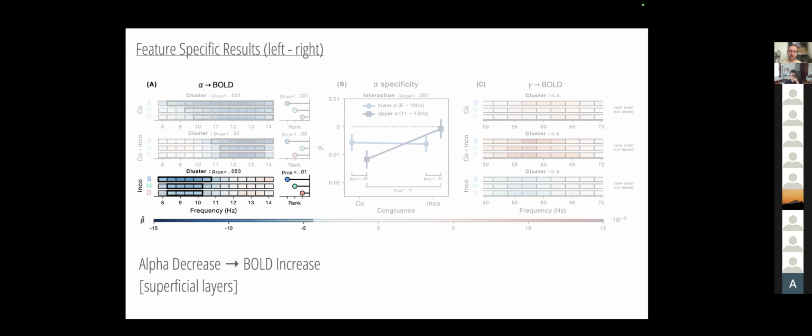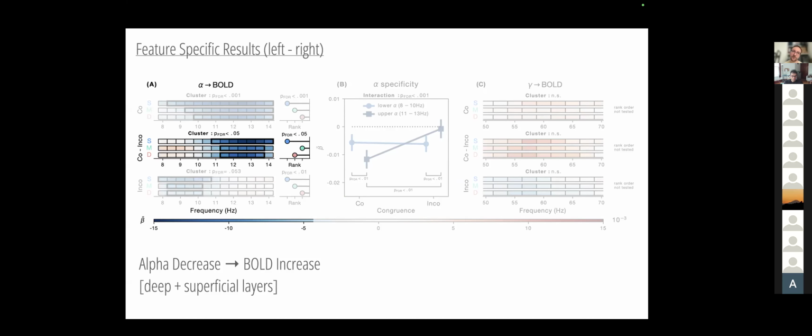We observe the same for incongruent combinations, almost significant. I tend to count it because it's 0.053, so it's debatable. It's also FDR corrected because we use different voxel selection thresholds. So uncorrected, it would be significant, but FDR corrected, it's not anymore. But again, assuming this would be an effect, then we would see this as well in superficial layers mostly.